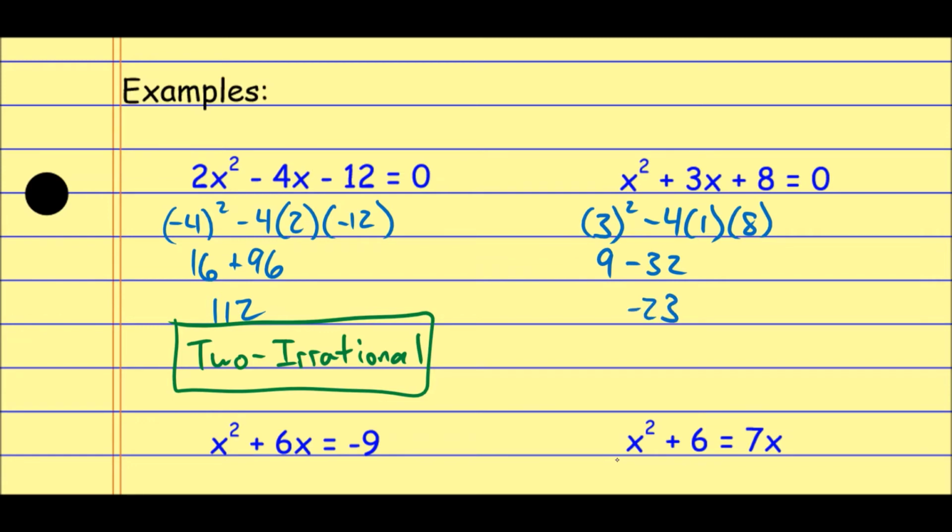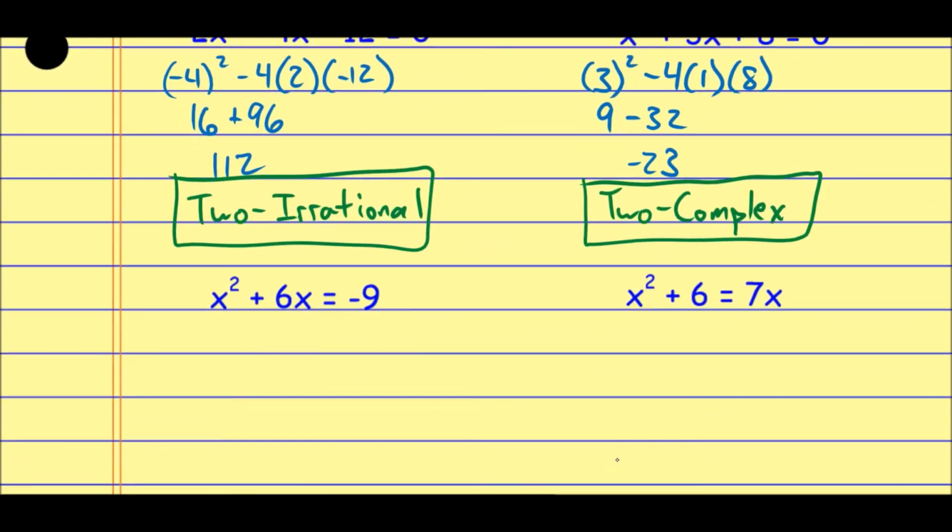So even if you don't write down the negative 23, the discriminant, yeah, we want that negative 23, but we already know what kind of answers we're going to get because it's a negative. Because I have a negative under the square root, I'm going to get imaginary numbers, which means I'm going to get 2 complex solutions. And again, they're complex because each of the answers has an imaginary part to it. Okay? But again, there's still 2 of them because the plus or minus is still involved.